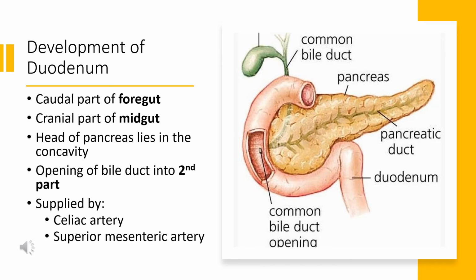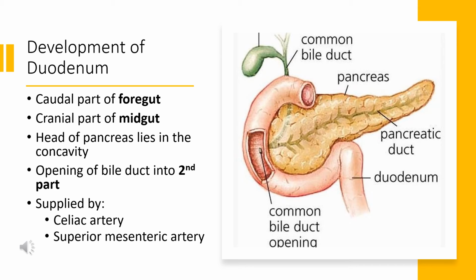So the site of the opening of the common bile duct helps you to differentiate the parts of the duodenum which are developed from the foregut and the midgut. Because the foregut is supplied by the celiac artery, the part of the duodenum proximal to the opening of the common bile duct, that is developed from foregut, is naturally supplied by the celiac artery, which is the artery of the foregut.